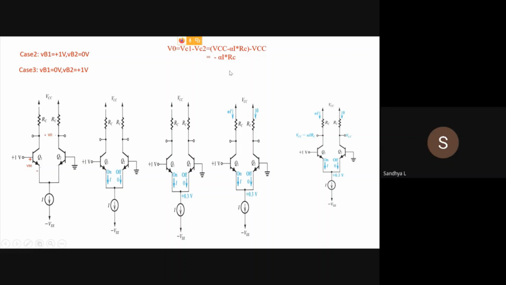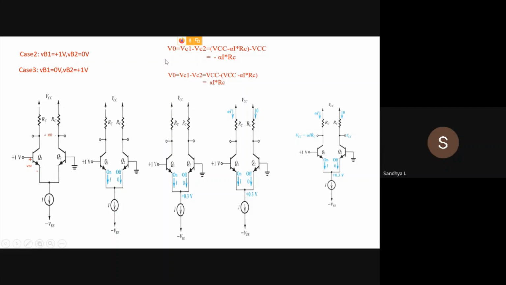So what will be V naught? V naught will be again VC1 minus VC2 itself. So that will be VCC minus VCC minus alpha I into RC, and the output will be alpha I into RC. So we can see that here we have a negative sign, here we don't have the negative sign.